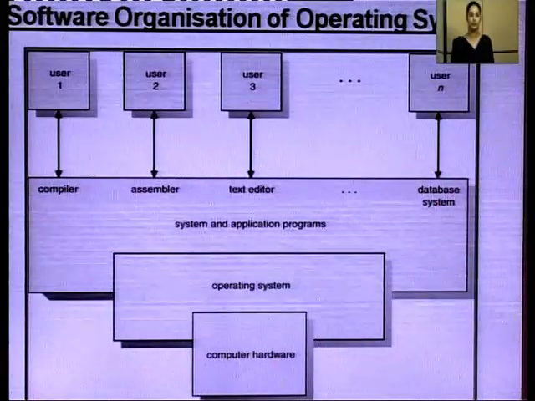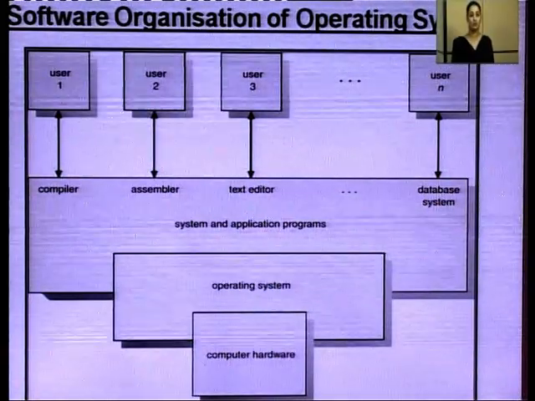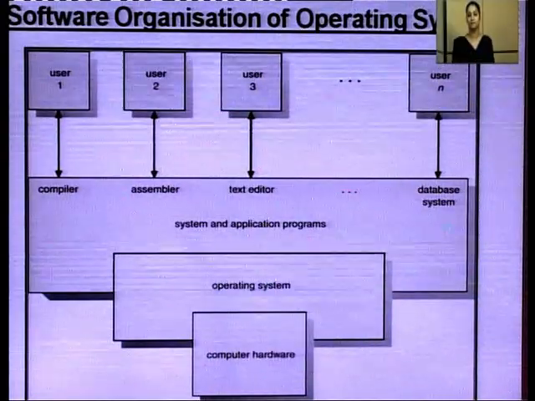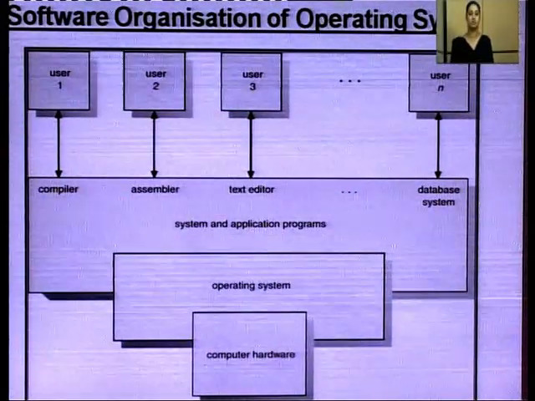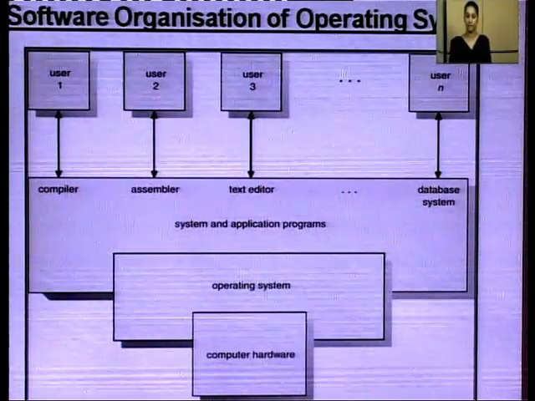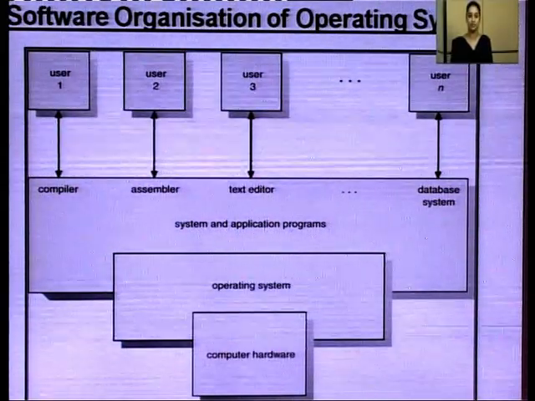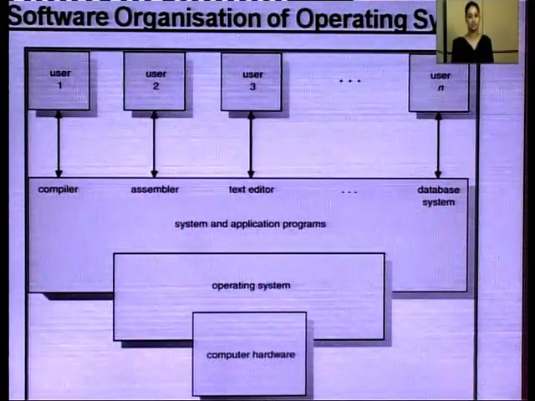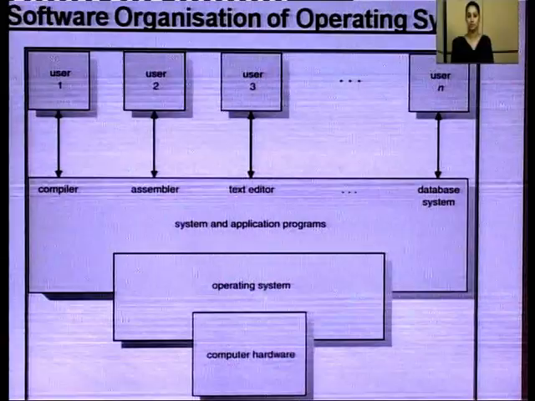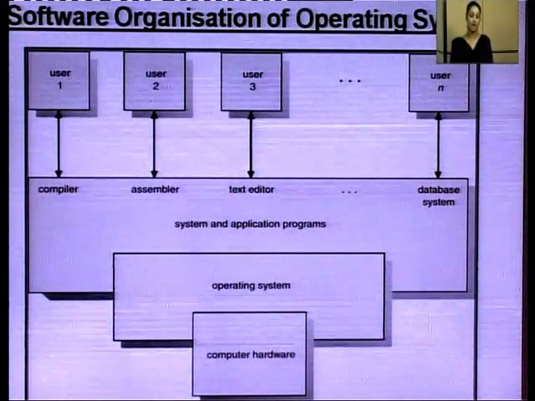Second is the operating system, the master program which controls this hardware. Above that there are the compiler and assembler. These are part of the system programs which convert the program into low level language so that the hardware can understand it. The various text editors, database systems, and application programs like C language and Java language are also present at that layer.